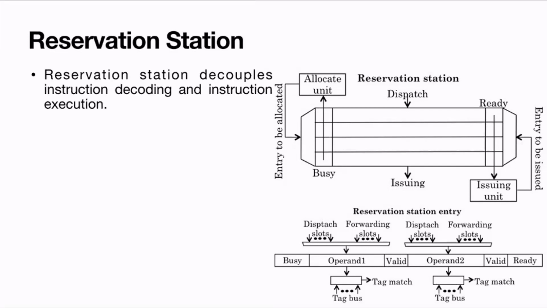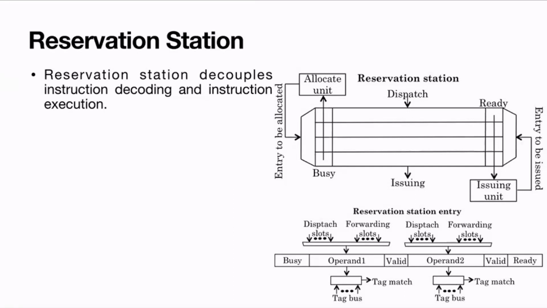Sir, it also suggests that forwarding slots will be tougher to implement in a superscalar architecture than in a scalar one, because here the reservation station is an overhead for the hardware designer to implement. Right. In order to forward, you need a bus connecting to the buffers.